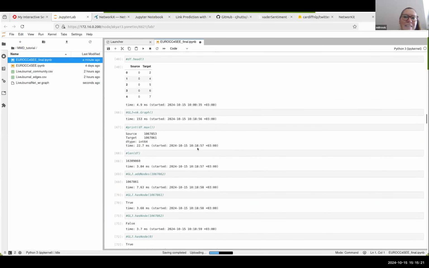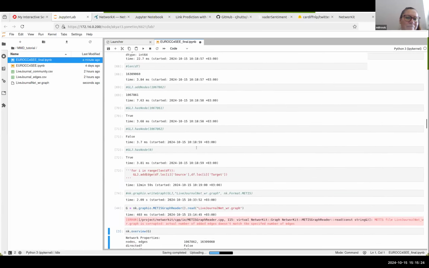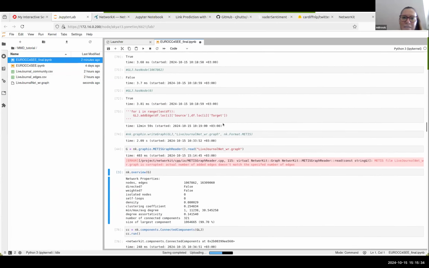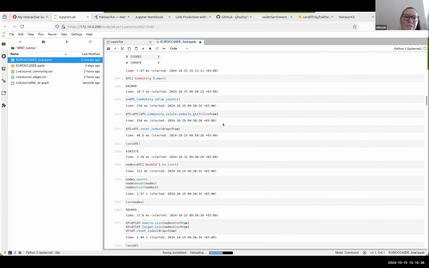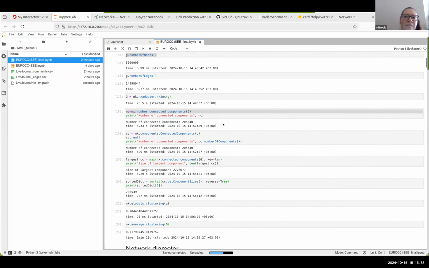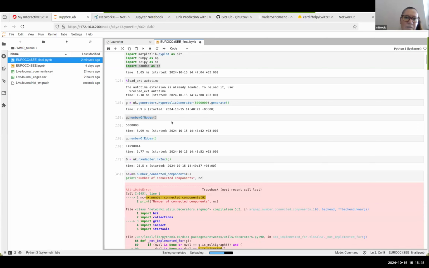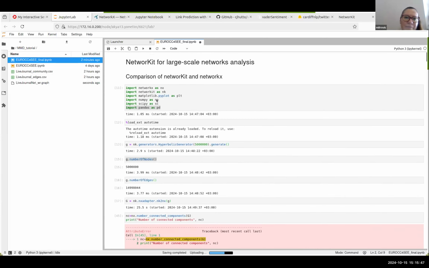So let's continue. I don't know what happened with the data, to be honest, because it was deleted. I really apologize. So let's create this graph again, and then I can show you how to analyze it, and then let's see what is going on with this. Sorry.